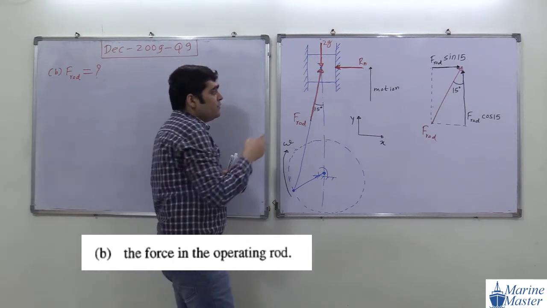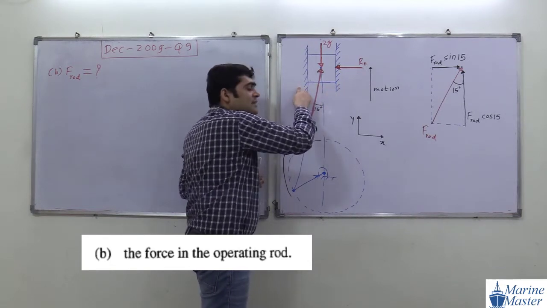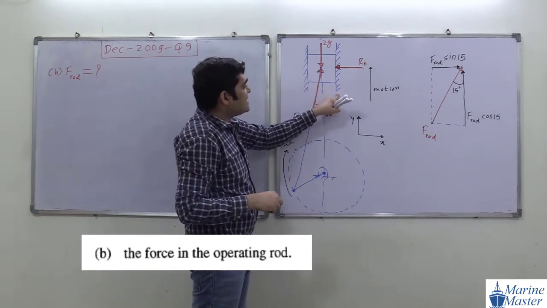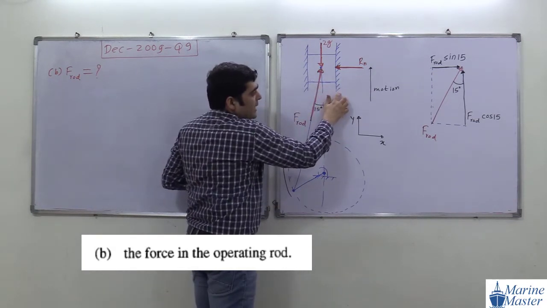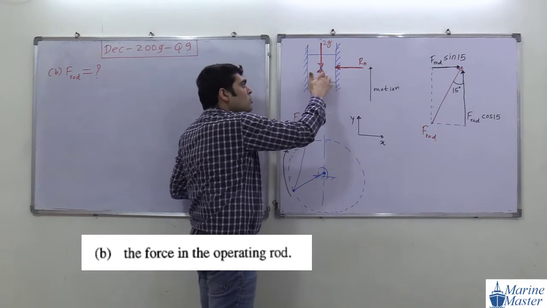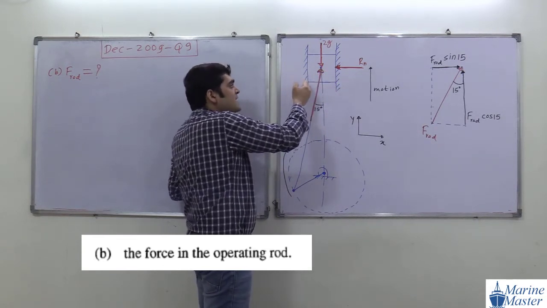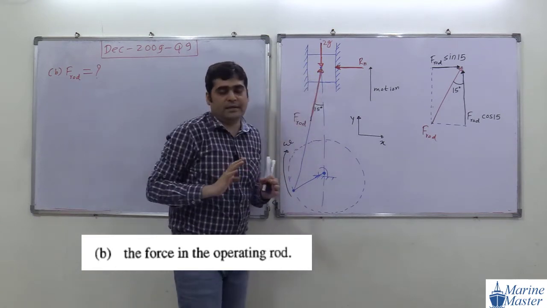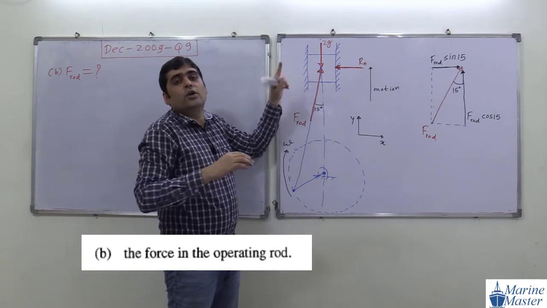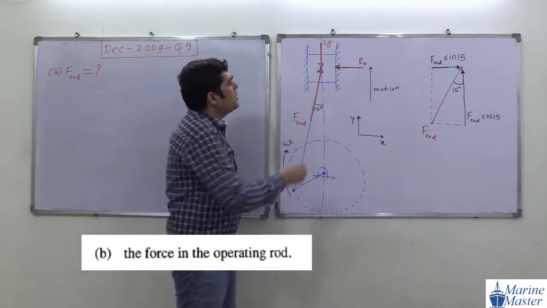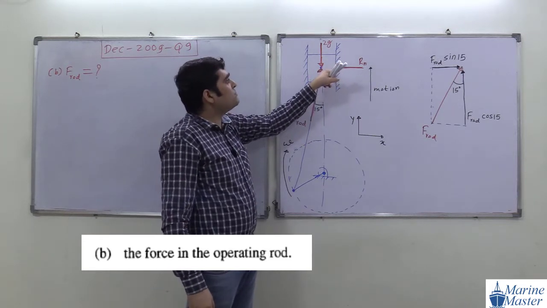So we can say this surface of the guide is in more contact with the block as compared to this one. This side is in just contact, so no normal reaction, no friction force, or we can say negligible friction force. So where will friction force develop? Friction force will develop on this side.